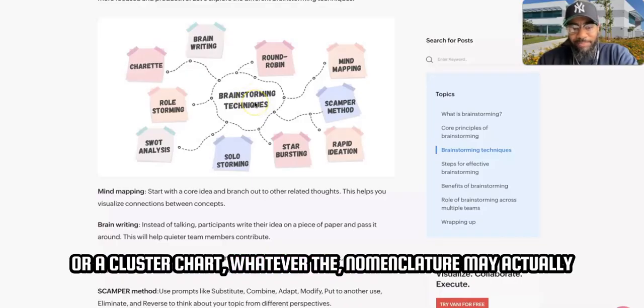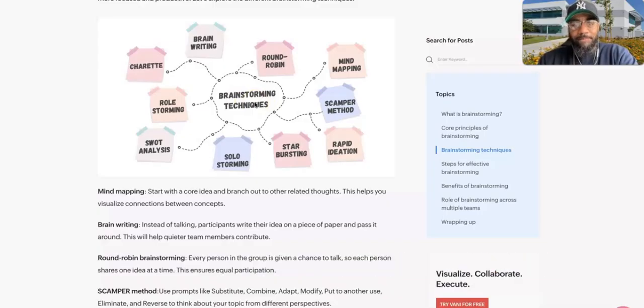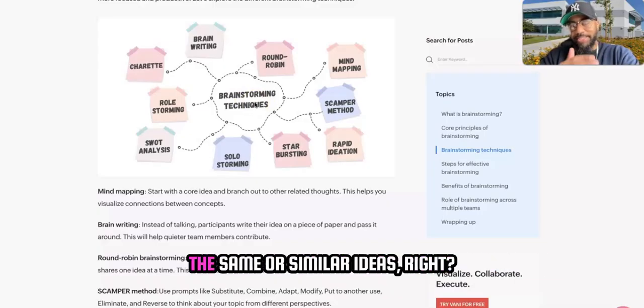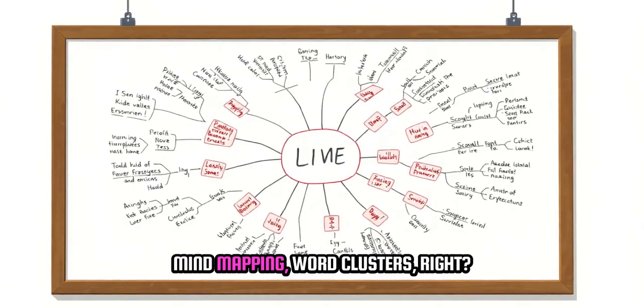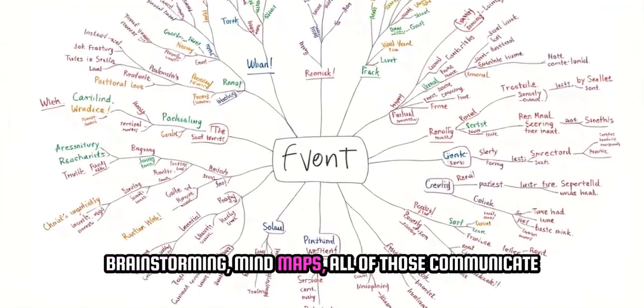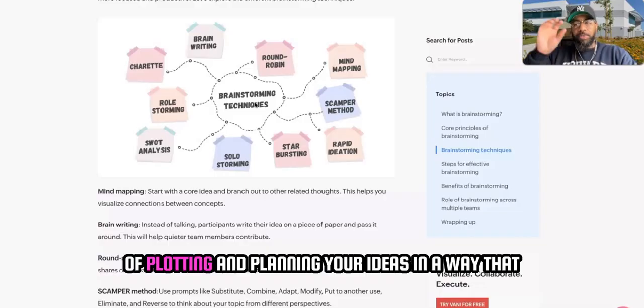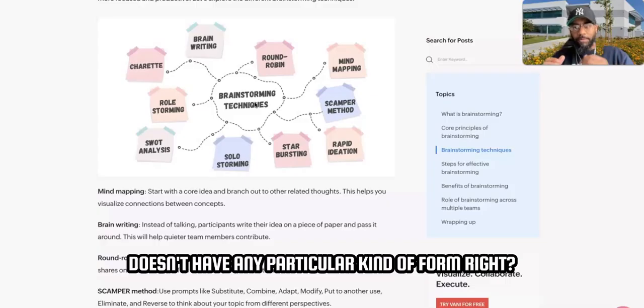Whatever the name that you may have heard, they generally communicate the same or similar ideas. Mind mapping, word clusters, brainstorming, mind maps, all of those circulate around this central idea of plotting and planning your ideas in a way that doesn't have any particular kind of form.